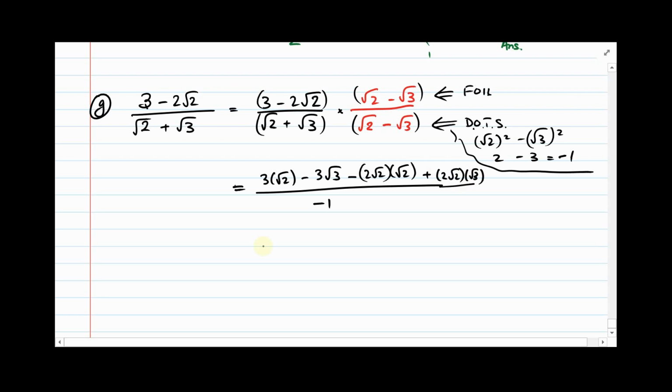So let's simplify that numerator. 3 root 2 minus 3 root 3.